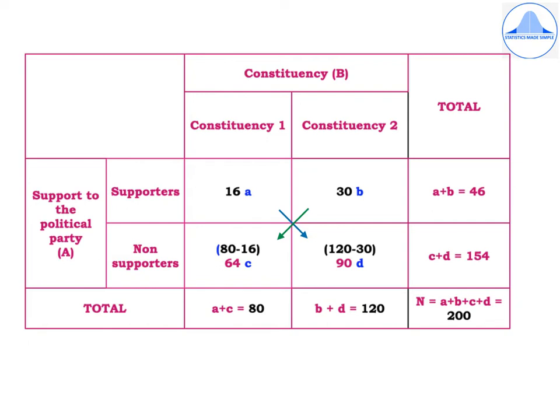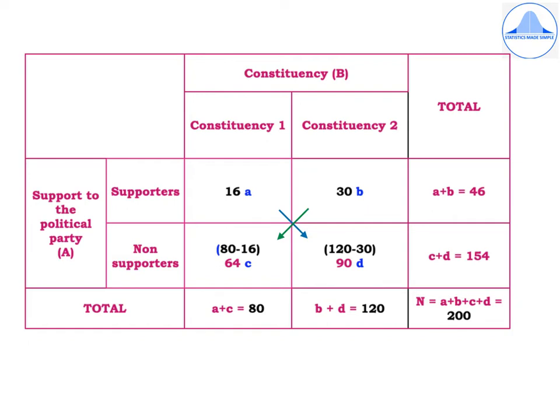Now the other information which is given is in constituency 1, the total number of voters are 80. That means A plus C value is already given as 80. And now we'll find out how many non-supporters are there in the first constituency, which would be 80 minus 16, that is 64, which is nothing but the cell frequency C. Also known that in the second constituency, the total number of voters are 120.